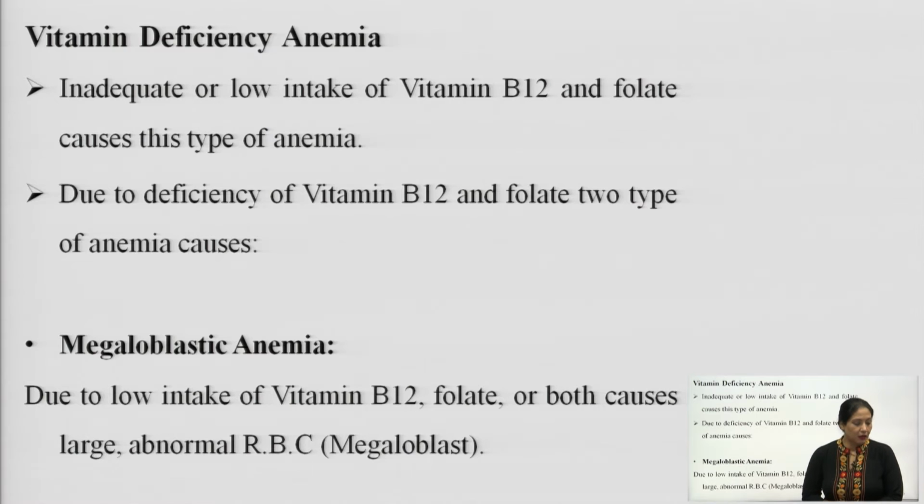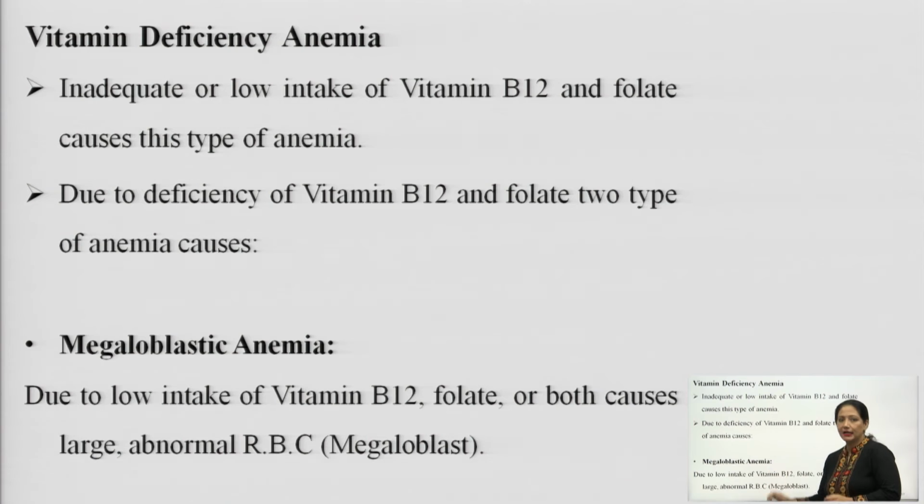If the person is taking a low amount of vitamin B12 and folic acid, or both, an abnormal type of RBC in a large size will form, that is called megaloblast, and the related anemia is called megaloblastic anemia. So due to the low intake of vitamin B12, the abnormal shape RBCs, large in number, may cause megaloblastic anemia. So this is also a vitamin deficiency anemia.